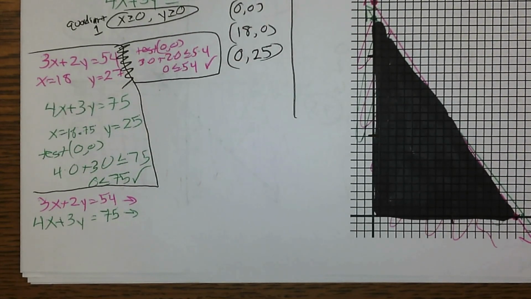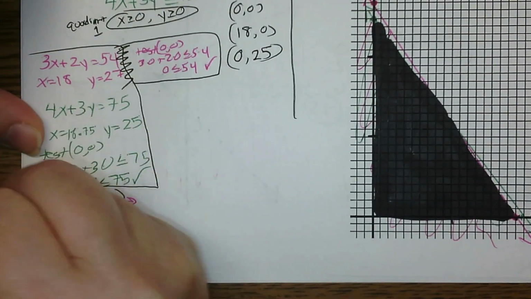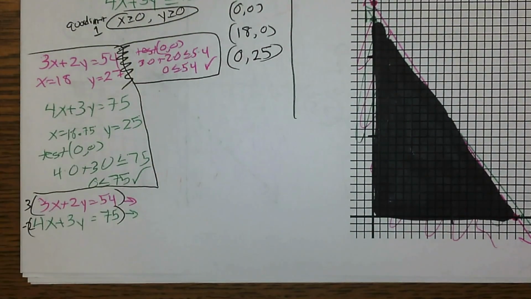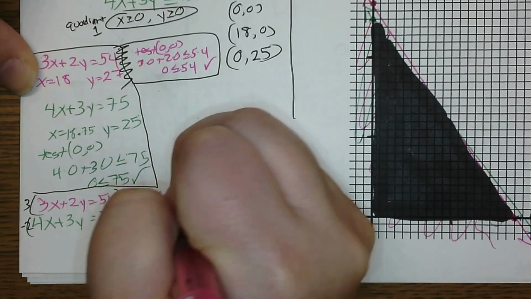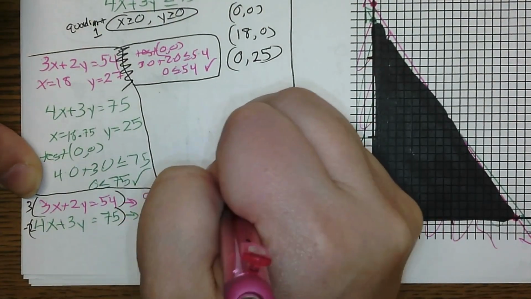So I'm going to multiply the entire top equation by 3 and the bottom equation by -2. So you get 9x plus 6y equals 150 plus 12, 162.